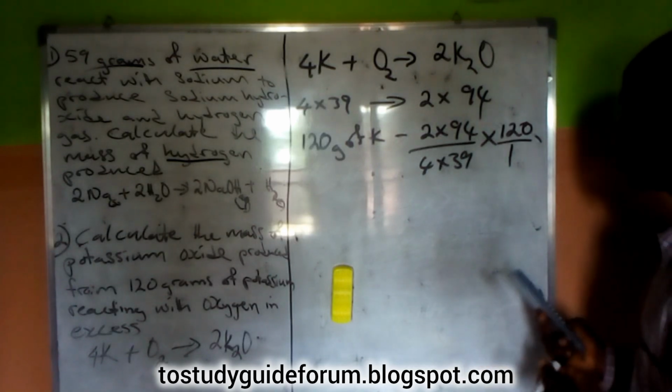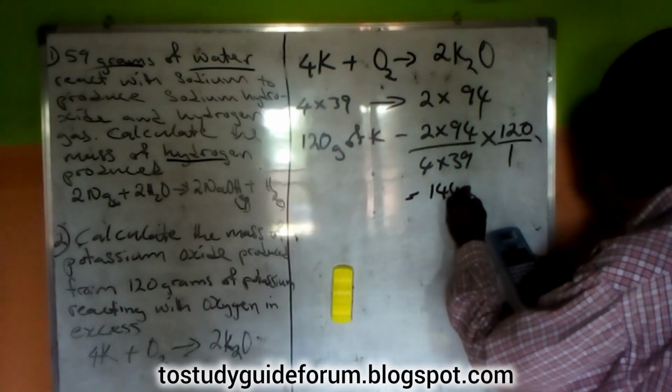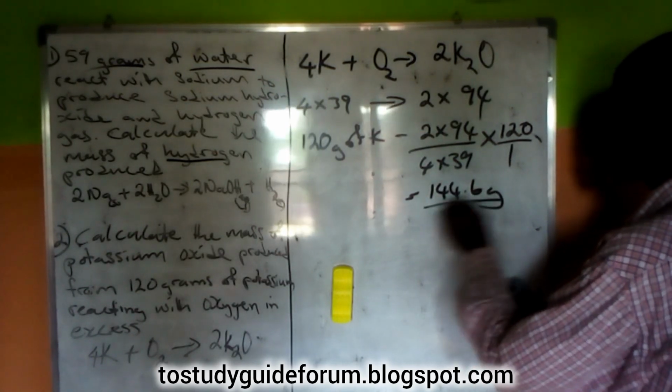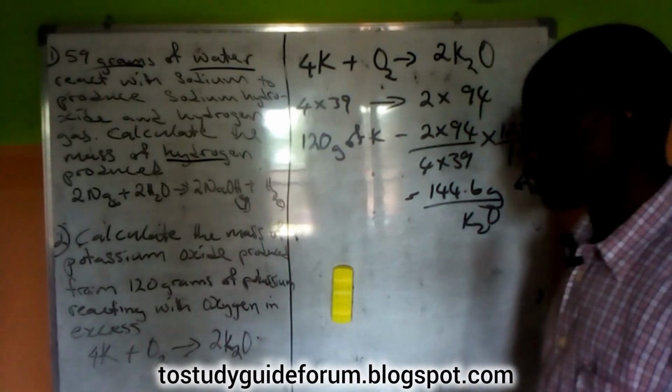So what we have is 144.6 grams of potassium oxide.